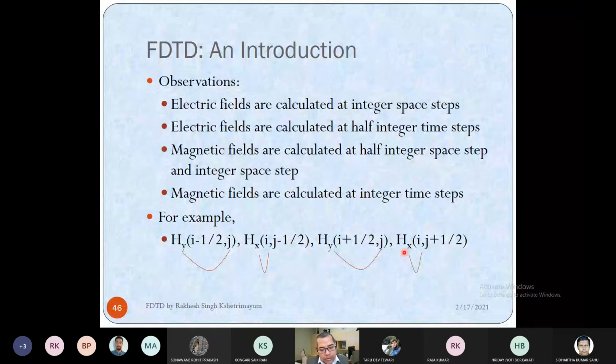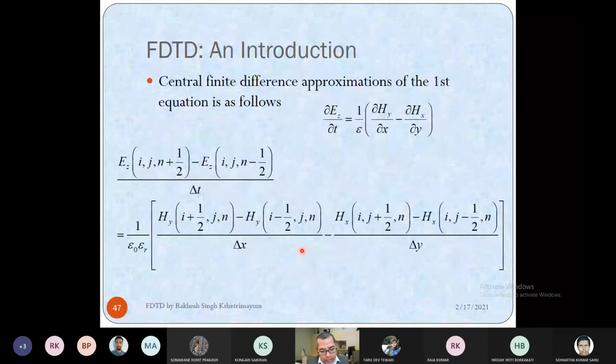So let us go back to the central finite difference approximation of the first equation. This was the first equation, FDTD equation for 2D FDTD. Dou Ez by dou t is equal to 1 by epsilon times dou Hx by dou y minus dou Hy by dou x. So now this time derivative, what is the running variable for time?